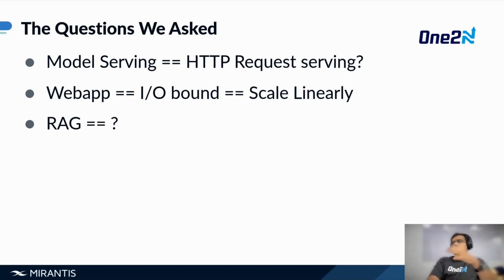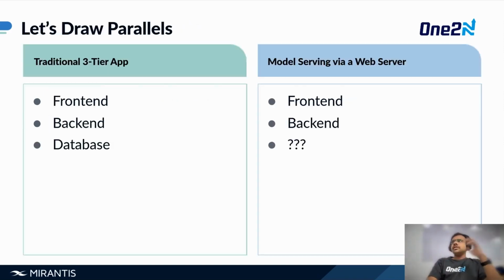And this is what we wanted to ask in context of RAG. So this is where I'm reiterating myself again. In a traditional three-tier web app, you have a front end, you have a back end, you have a database. But when it comes to model serving, what is that third layer, right? What are the components that are needed?